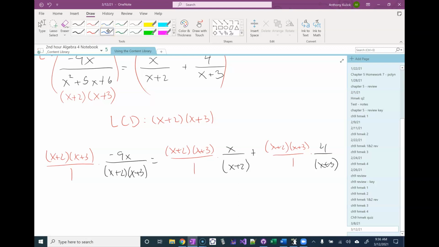Is everybody still okay with what I have there? Basically, we just multiplied the LCD by every fraction in our problem, right?